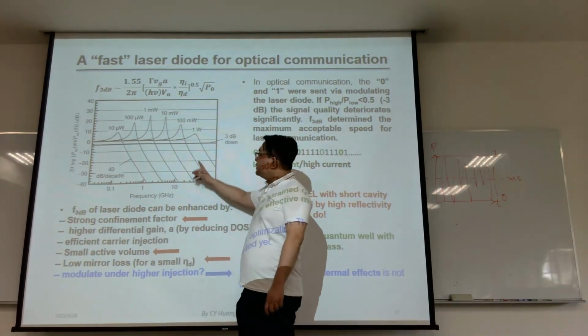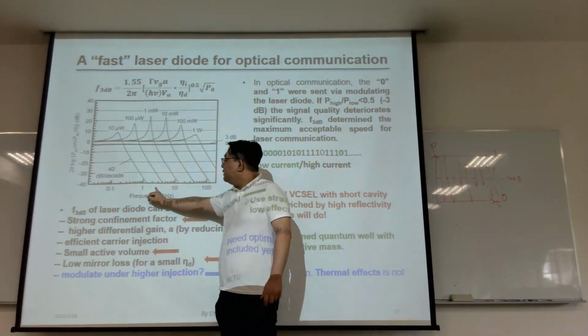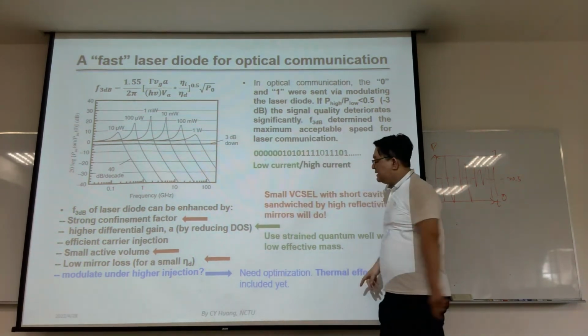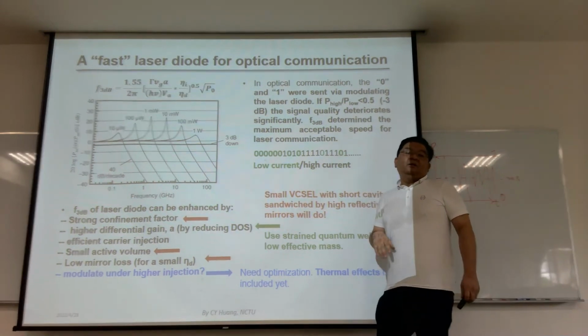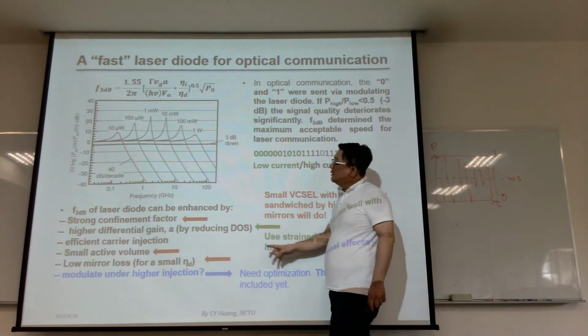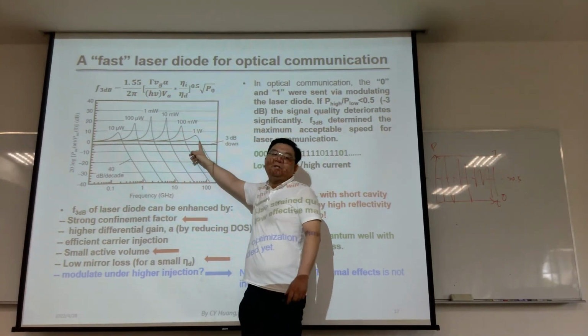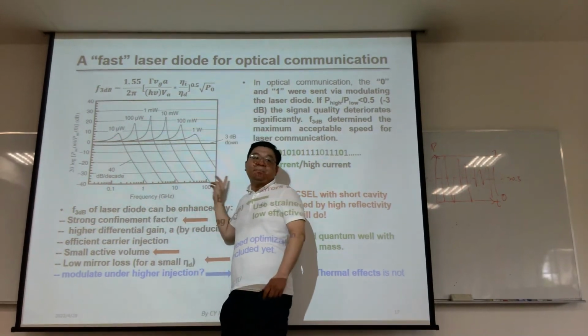We are always trying to find a laser with a higher resonant frequency, because the 3 dB is directly relevant to your resonant frequency. If you have a higher resonant frequency, or a higher omega 3 dB, your signal can be transmitted with a wider bandwidth.